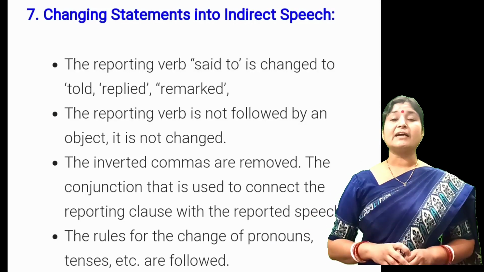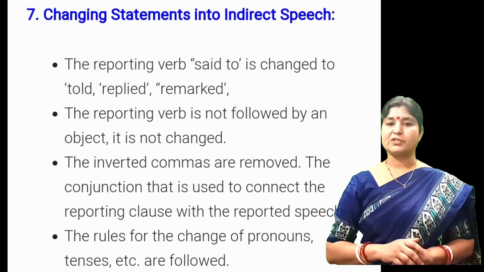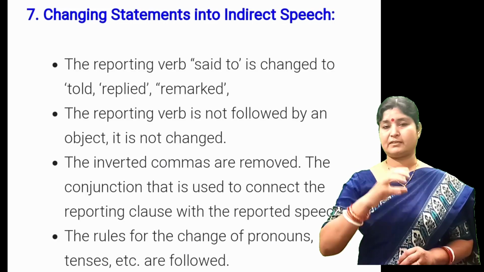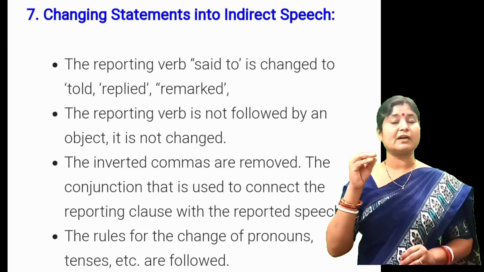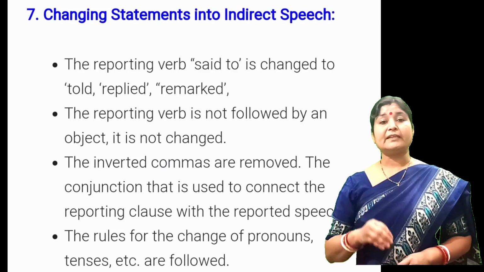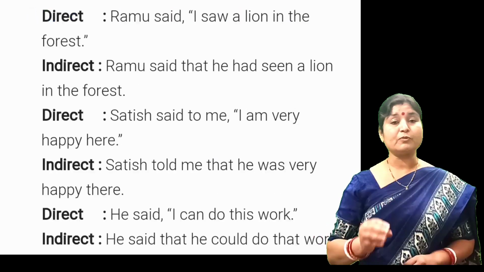The conjunction that is used to connect the reporting clause with the reported speech. Remember, the conjunction that we have to use. And the fourth thing, the rules for the change of pronouns and tense we must follow.